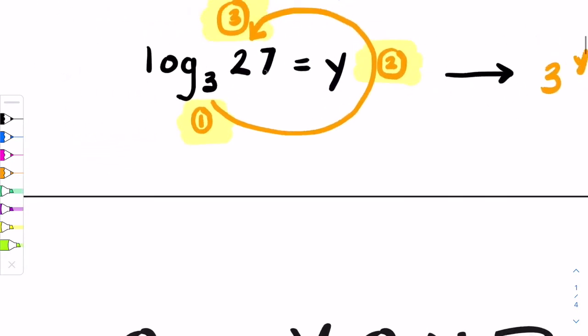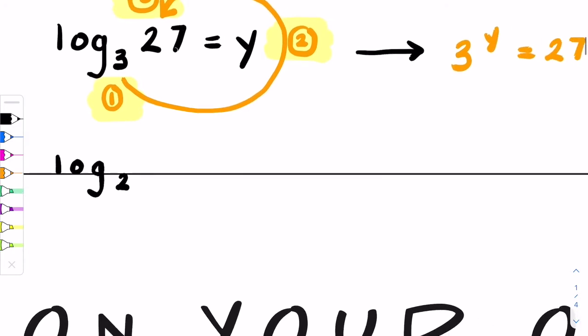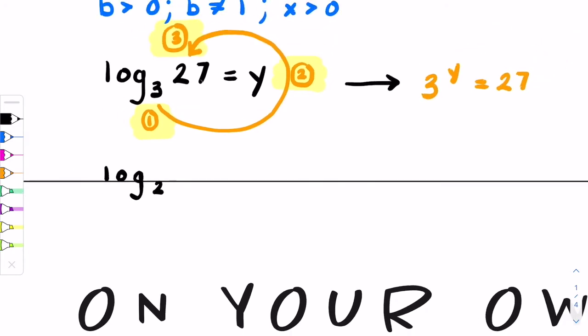If I was to do another one, just really quick, and then we do have some examples to go through: log base 2 of 8 is equal to 3, and I draw this circle right around here.